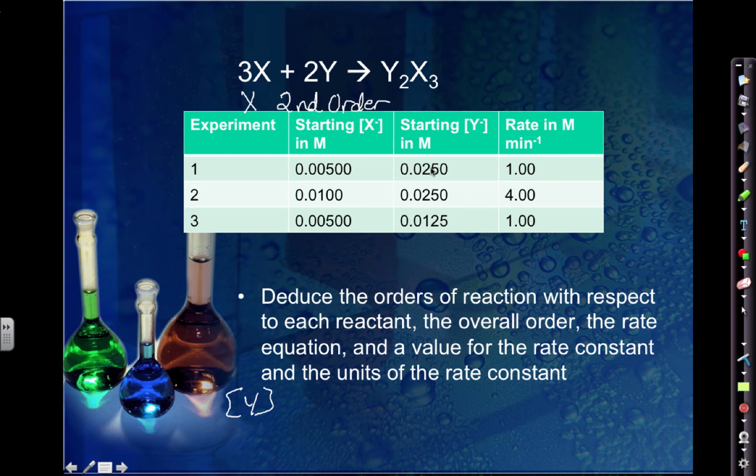It went up by 2, so the concentration doubled. Okay, so now I need to be careful about how I'm looking at this. So it doubled here. So the rate actually stayed the same here.